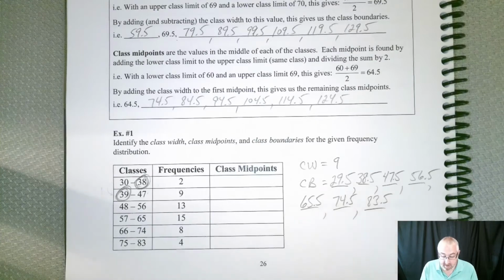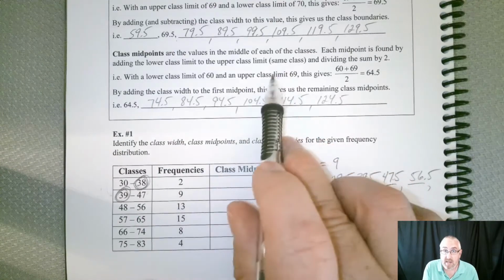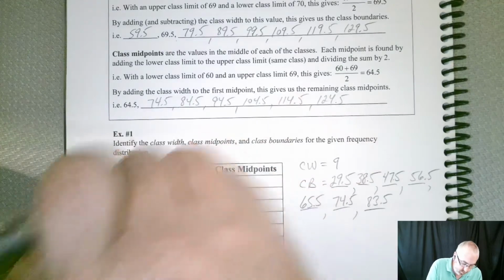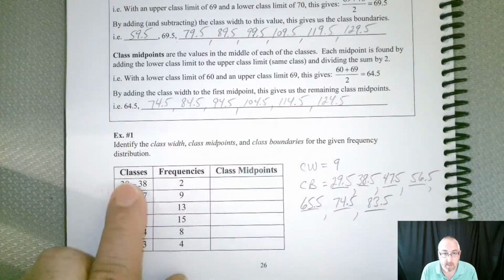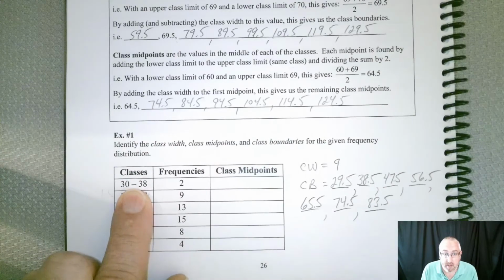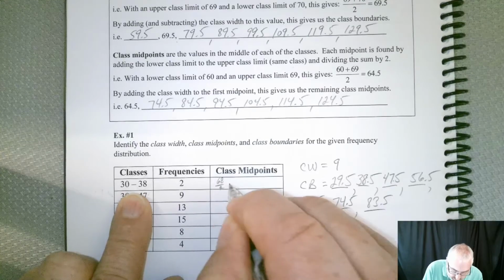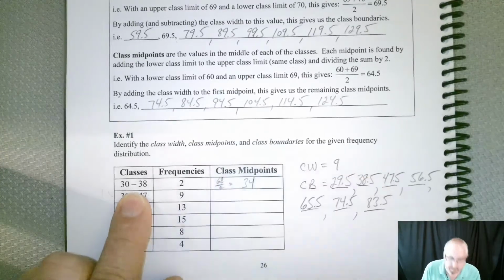All right, now the midpoints. So remember, the midpoint stays in the same class. It takes the upper and the lower of the same class. So now we're averaging across. So we have 30 and 38 is 68 divided by 2, which is 34.